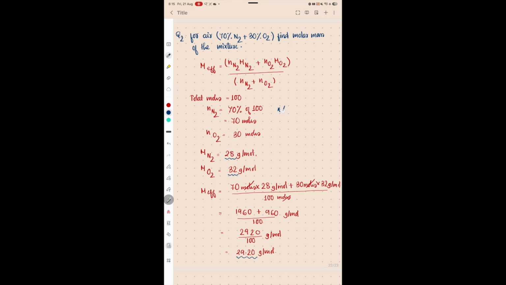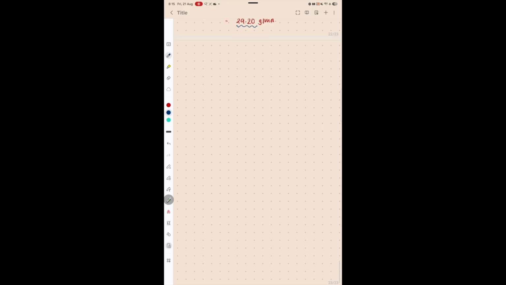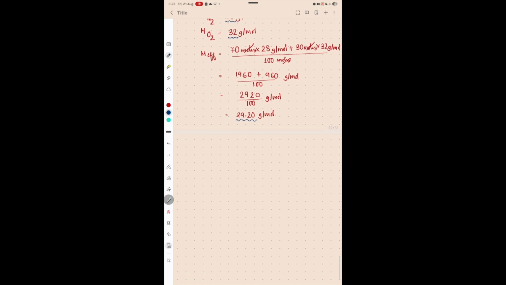That means air is heavier than nitrogen gas, right? Pure nitrogen. But air is lighter than oxygen gas, right? Okay, so we have found the molar mass of a mixture.